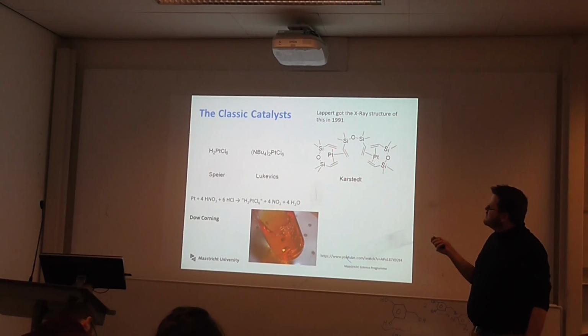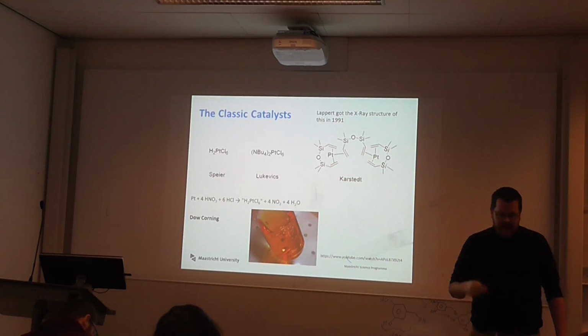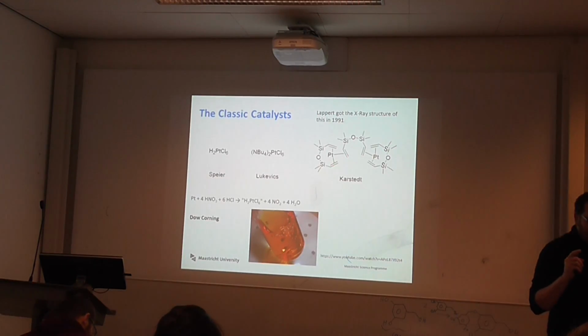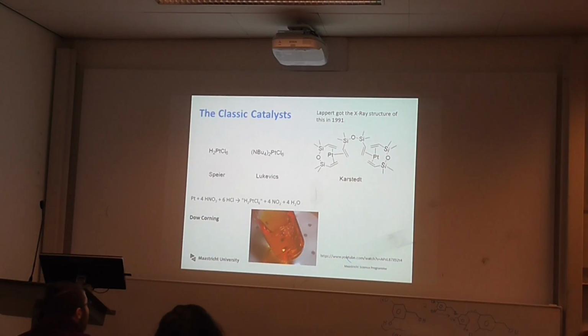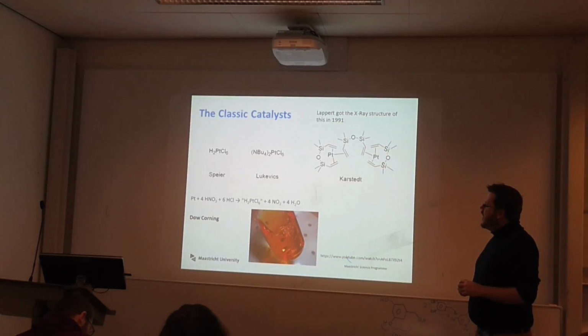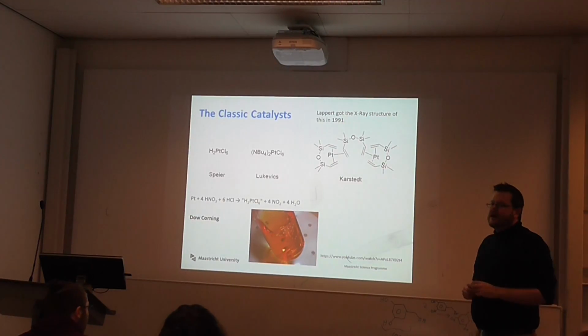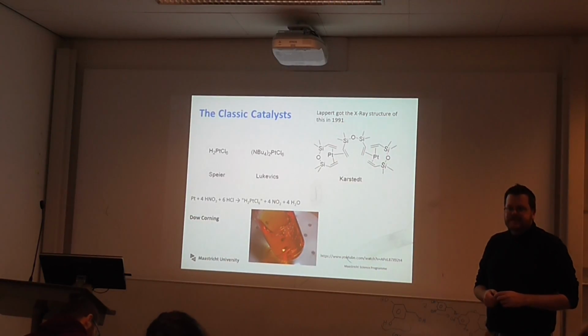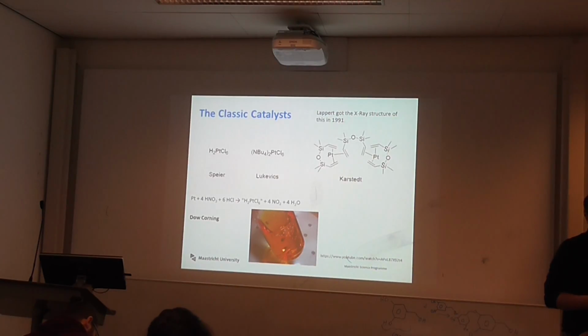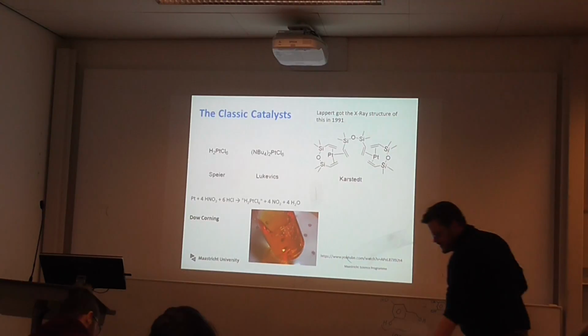You can see it's a platinum 0 olefin complex, and that's the structure of the so-called Karstedt catalyst. And the structure was actually elucidated in 1991 by a guy called Mike Lappert, who was a scientist in Britain who did a lot of very exciting chemistry in the 70s and 80s. I'll write his name down.